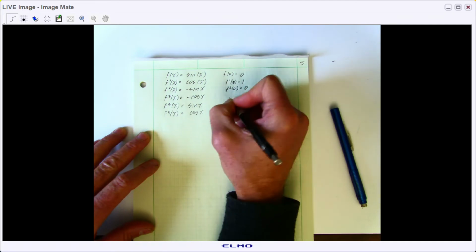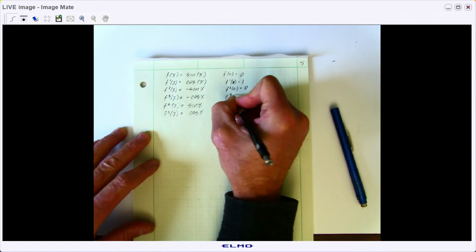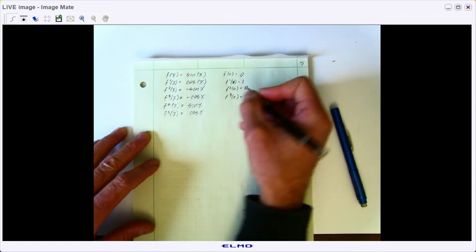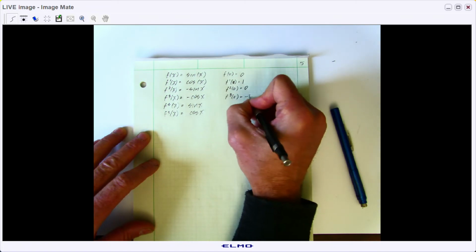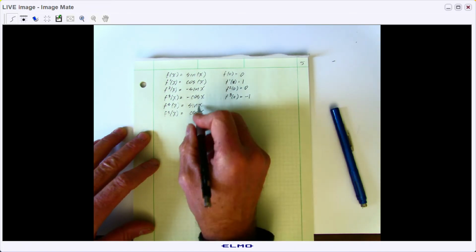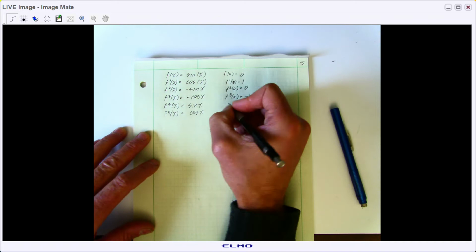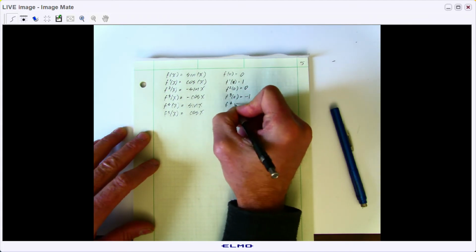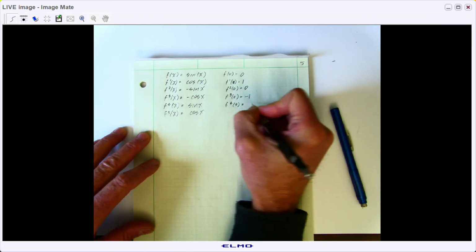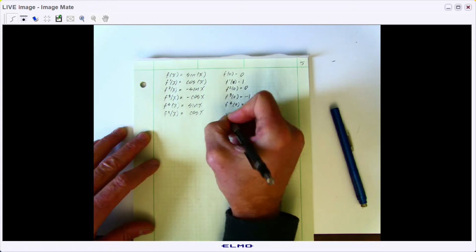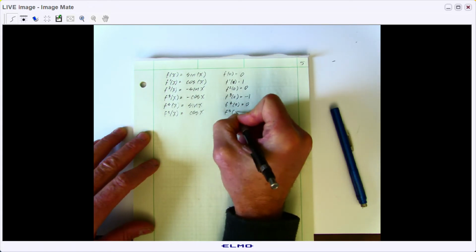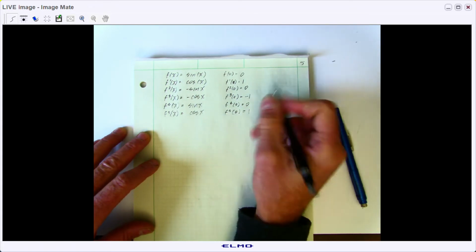That's just 0. The third derivative evaluated at 0 is going to be negative the cosine of 0, so that'll be negative 1. And then we're back to sort of where we were here, so that makes that easy, right? The fourth derivative evaluated at 0 is just going to be 0. The fifth derivative evaluated at 0 is just going to be 1.